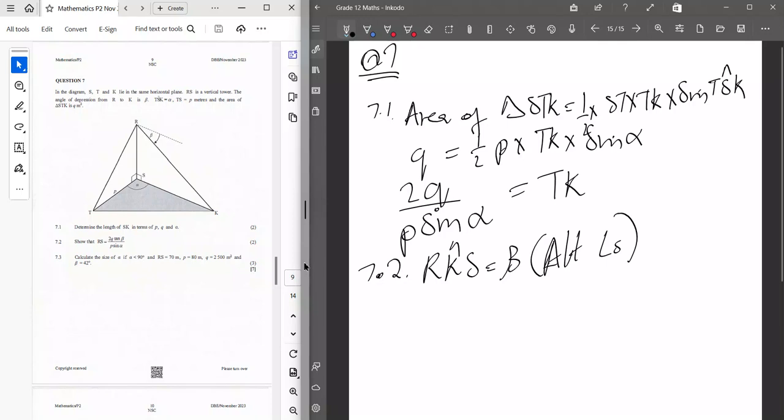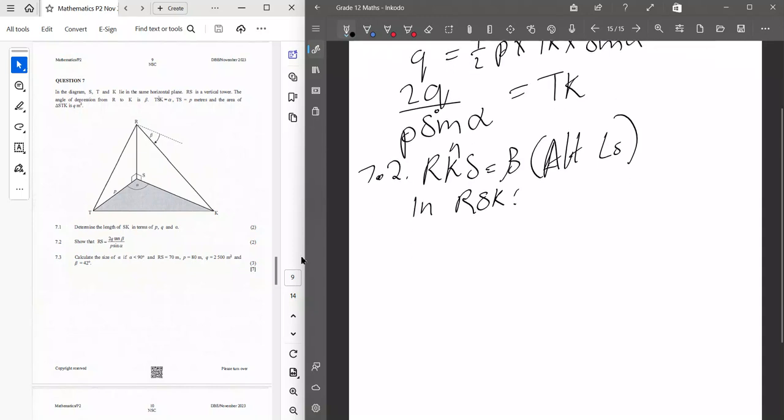Now proceeding, using triangle RSK, we have a right angle at K, and we must look for RS. We have this angle and this side, so we will use tangent.